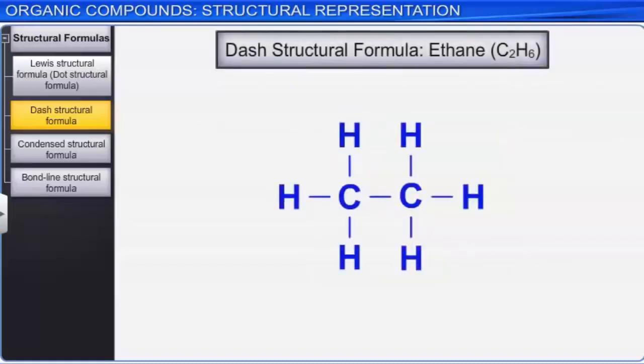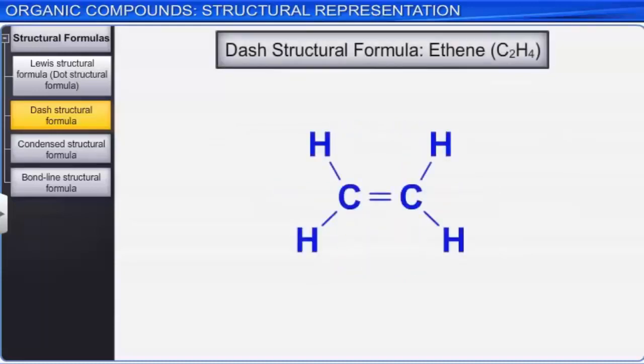Here's the dash structural formula for ethane. In ethane, 2 atoms of carbon are attached to each other by a single covalent bond, and all carbon-hydrogen bonds are also single covalent bonds. In ethene, 2 atoms of carbon are connected with a double bond, and 2 hydrogen atoms are attached to each carbon by a single bond.